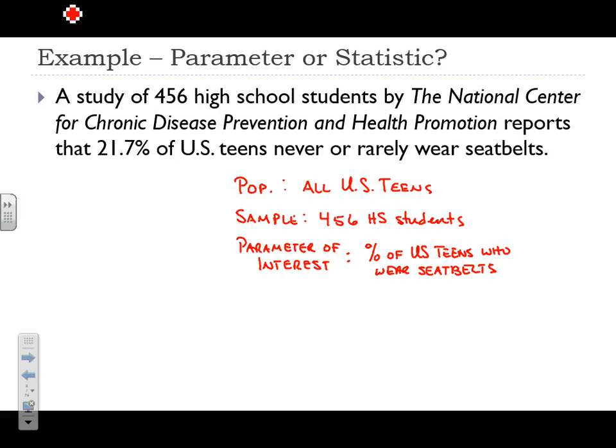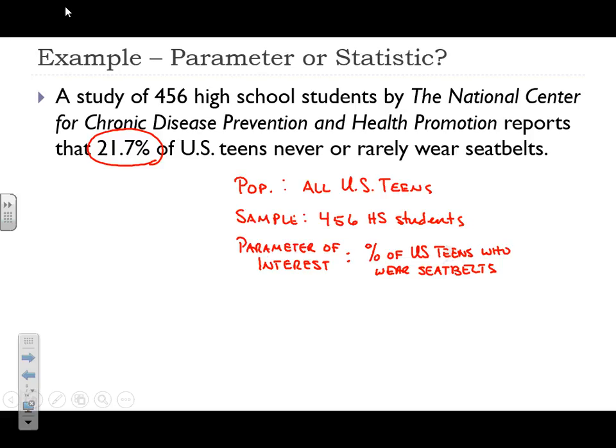Now, if we look at what they did here, 21.7%, there's my calculated value. So this is the value I'm interested in identifying as a statistic or a parameter. So when they calculated this 21.7%, did that come from the population of all U.S. teens, or did it come from a sample of U.S. teens? It came from a sample.